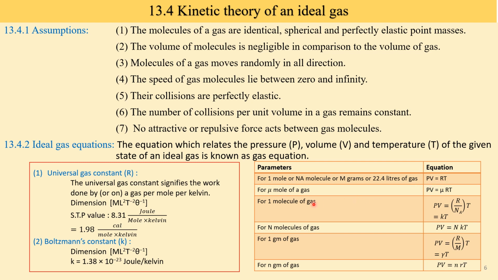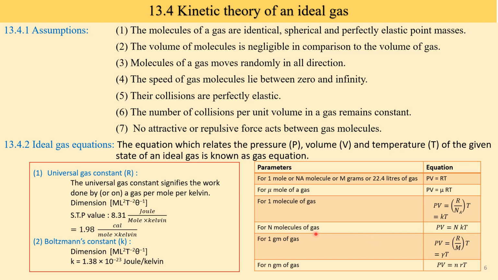If we consider mu moles of a gas, then PV equals mu into RT. If we take one molecule of a gas, then PV is equal to R divided by Na into T, and R by Na is small k, so PV equals kT, where k is the Boltzmann constant.